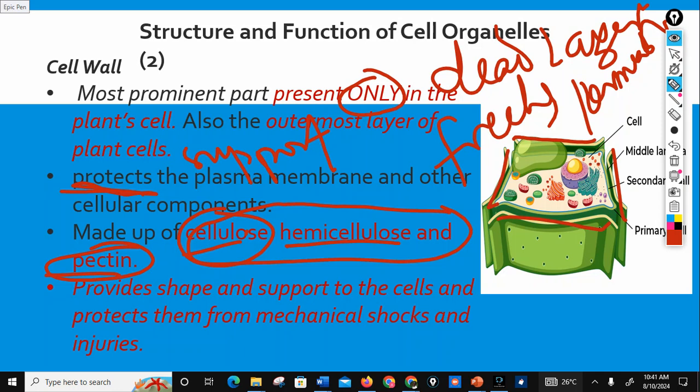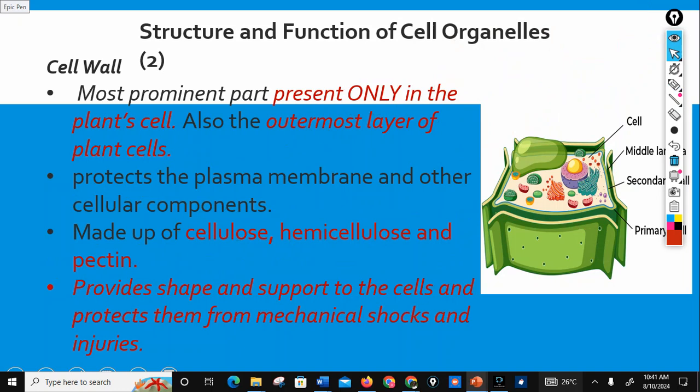It provides shape and support to the cell and protects it from mechanical shocks and injuries. We've talked about that as a major function of the cell wall.